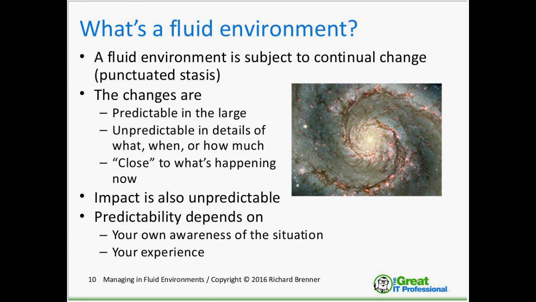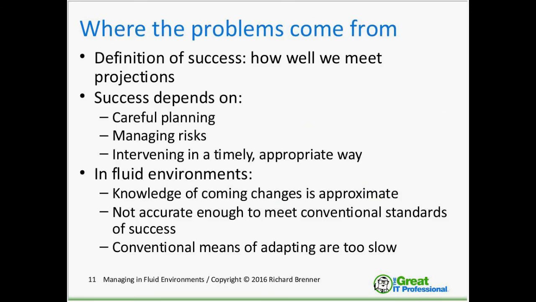In modern organizations, success is defined by how well we meet projections. Actually, it's been that way for a long time. We do meet them. We use careful planning and risk management, and when things go awry, we intervene effectively most of the time. But in fluid environments, we can't possibly know what's coming accurately enough to meet the expectations that we have to meet.